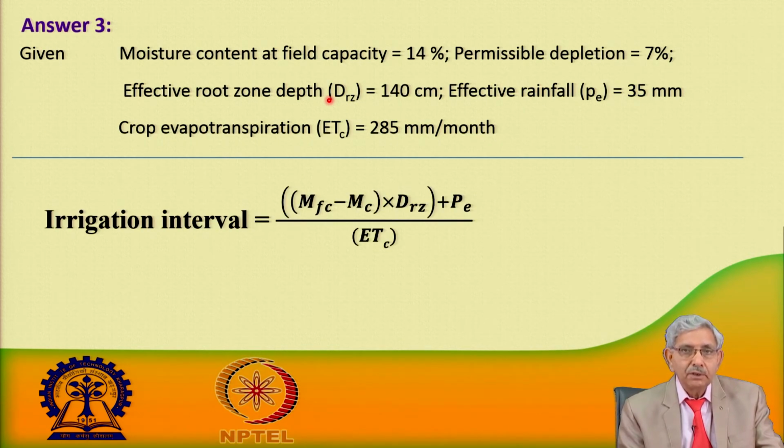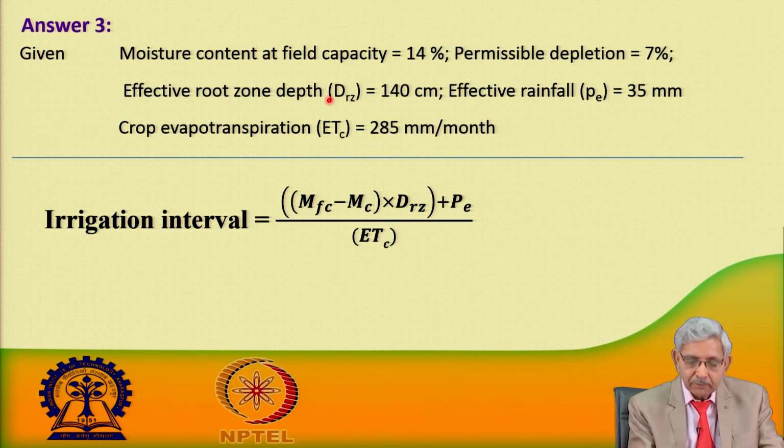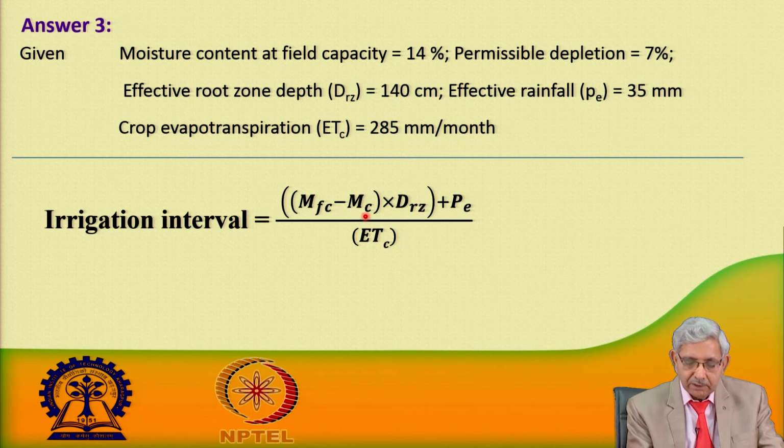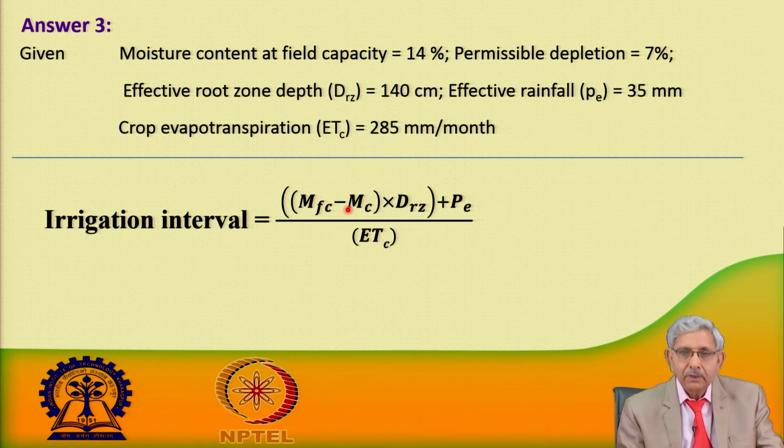So, irrigation interval is determined by using this particular expression, which is given by moisture content at field capacity minus moisture content, that is a depletion, or we can say permissible depletion, that is a critical moisture content.